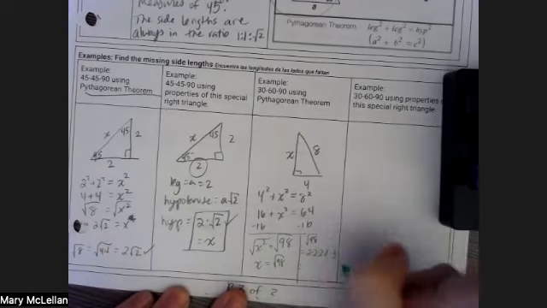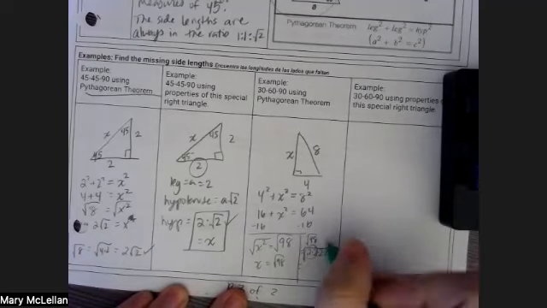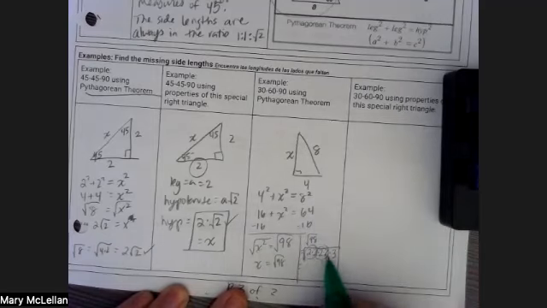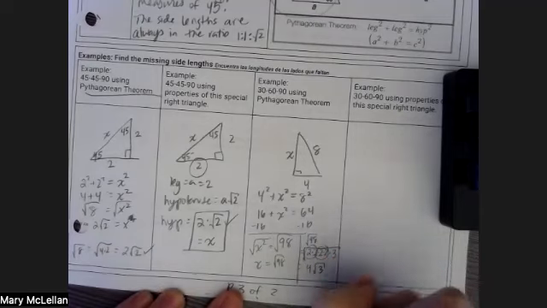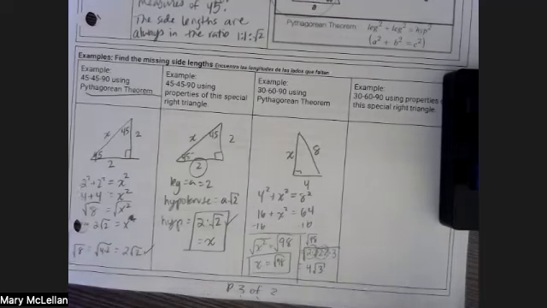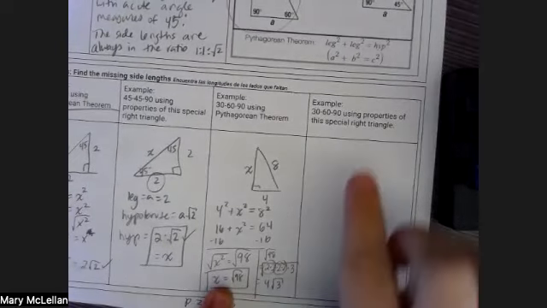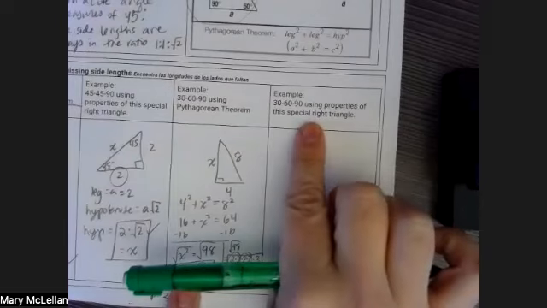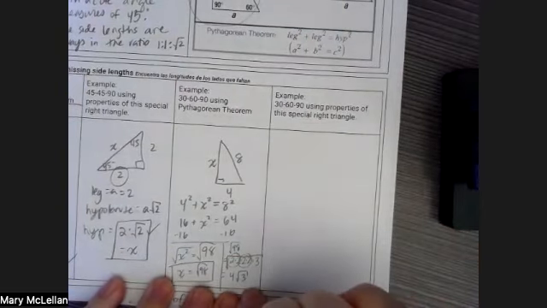So this becomes the square root of all of these things. Each pair can come out, so this becomes 4√3, which is equal to x. I'll leave this as x equals the square root of 48 because I feel like that's more natural when doing the Pythagorean theorem. But I want to show you that these two numbers are the same, because next, when we solve it using the special right triangle formulas, you're going to get 4√3.